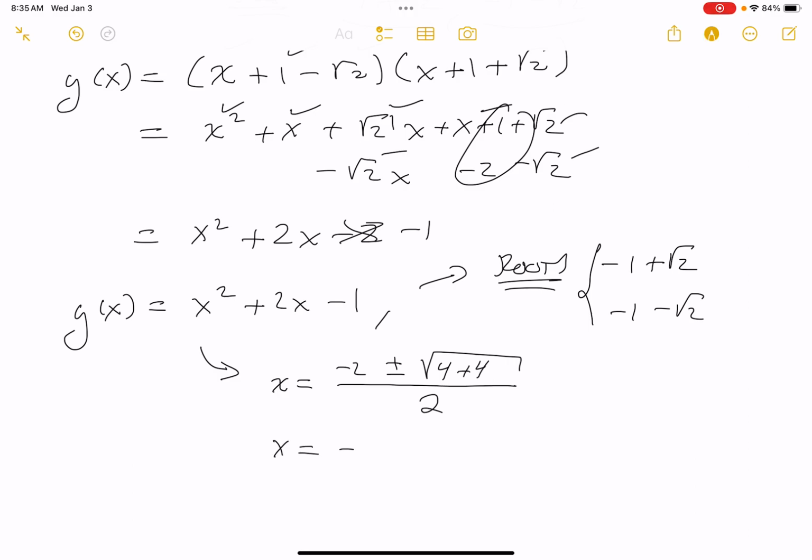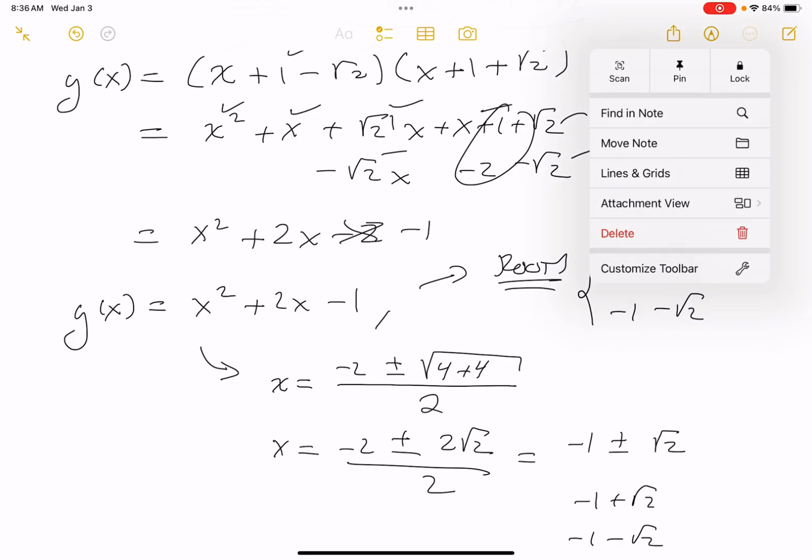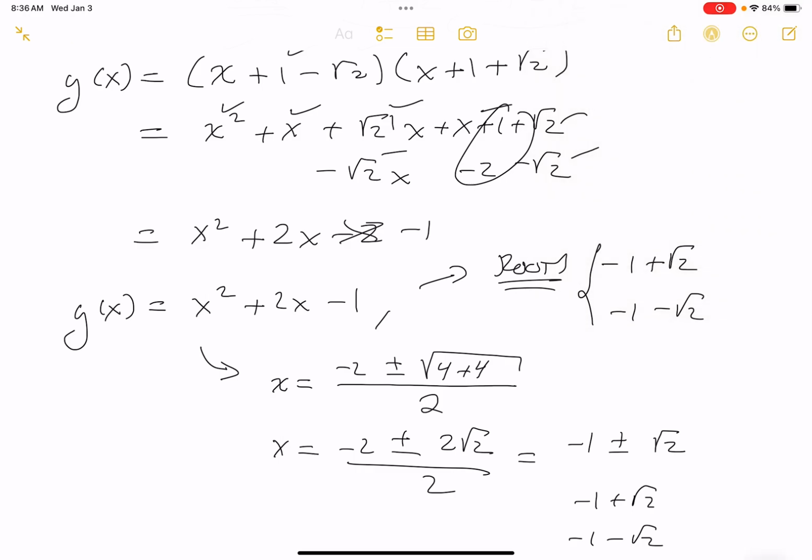You get x equals minus 2 plus or minus the root of 4 plus 4, which is 8, that's 2 root 2, over 2. And what do you get over there? Minus 1 plus or minus root 2, which is minus 1 plus root 2 and minus 1 minus root 2. Yeah, this works out fine. So this is what g of x is. I was just checking it to make sure I did everything okay. And I got to get my eraser.